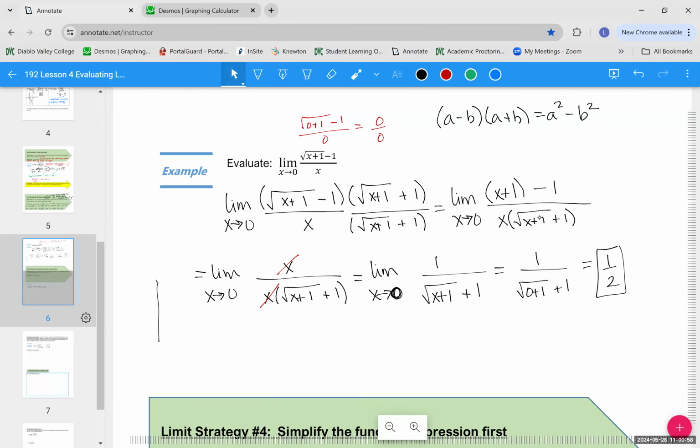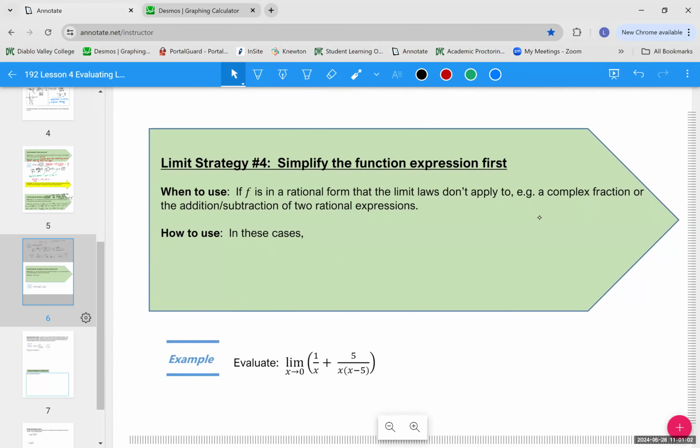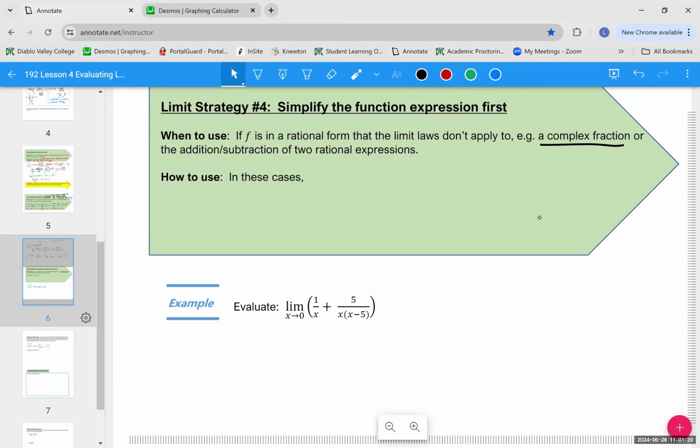Okay. And we have one more strategy that we want to talk about, which is that sometimes your 0 over 0 could be dealt with by simplification. Maybe you have a complex fraction that can be simplified if you can get it down to a more simple fraction.